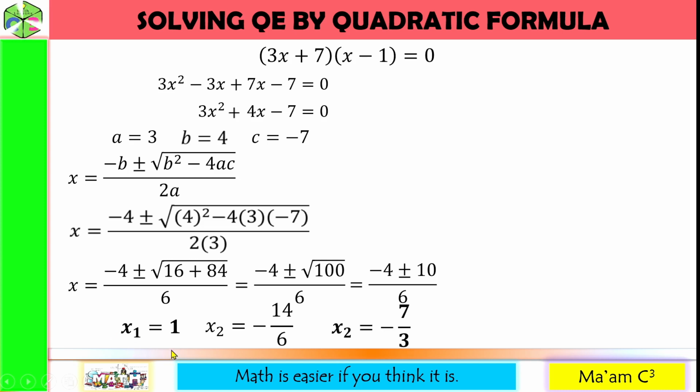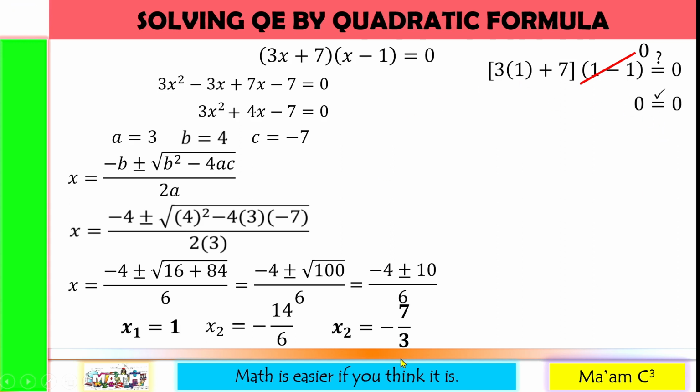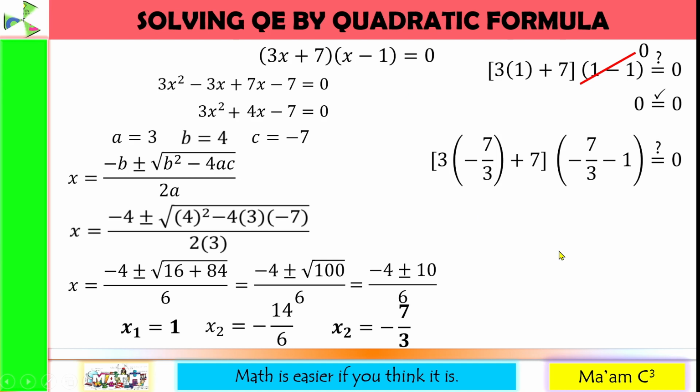Now, let us check these roots. First, let us substitute 1 in our x's here in the original equation. Are they equal? 1 minus 1 is equal to 0, and 0 multiplied by any number is still 0. Therefore, the left side is 0, and that is equal to 0. Next, let us substitute negative 7 over 3 in all of our x's in the original equation. 3 in the numerator here and 3 in the denominator here will simply cancel out.